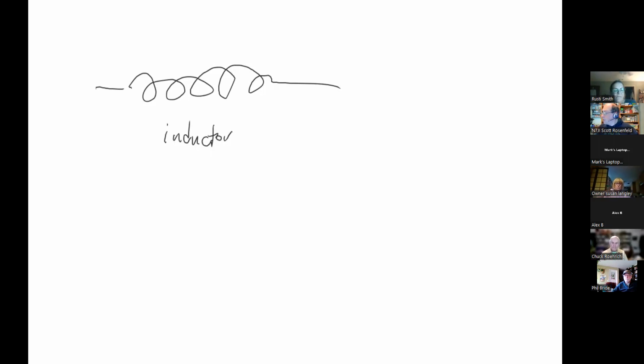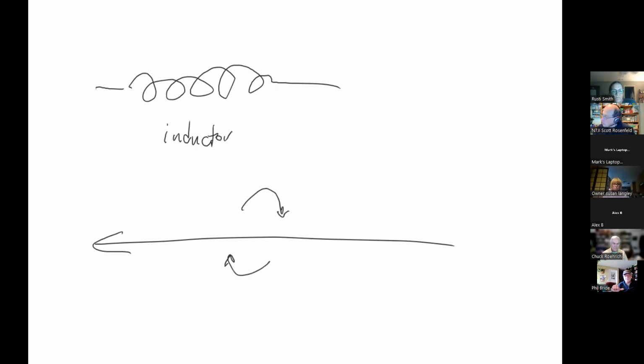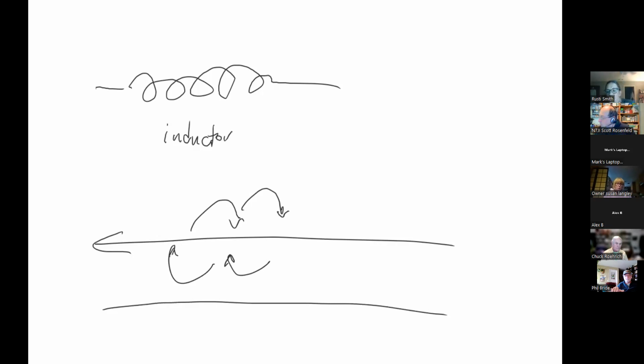An inductor, because that is true, if you have a current flowing in a piece of wire like this, I'll draw it the other way, then the magnetic field will go like this. It'll go into and out of the page in loops around the wire. So if I stick another wire right here, and there's a magnetic field being generated by the first wire, what do you think will happen to the second wire?